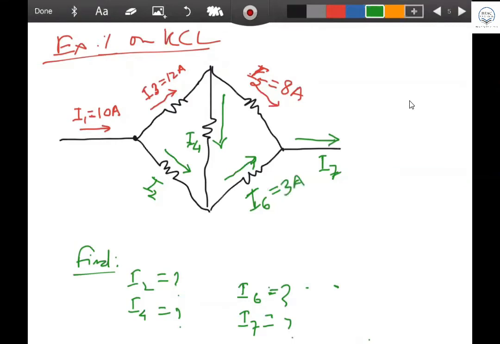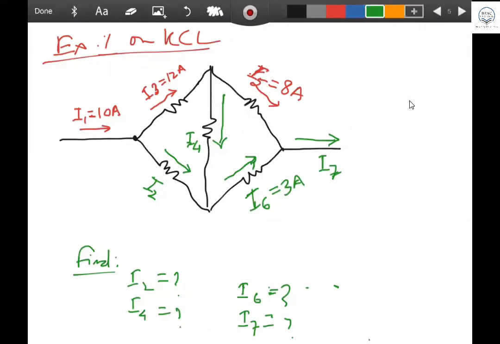And if you get minus 3 ampere, that means the actual direction should be in the opposite direction. That's the reason you got the minus sign. Now you arbitrarily assume this direction, and you have to find the solution based on this direction.